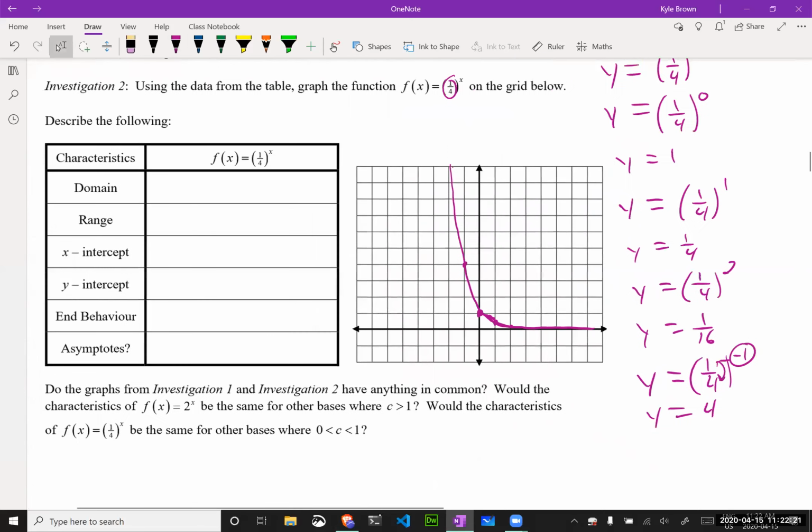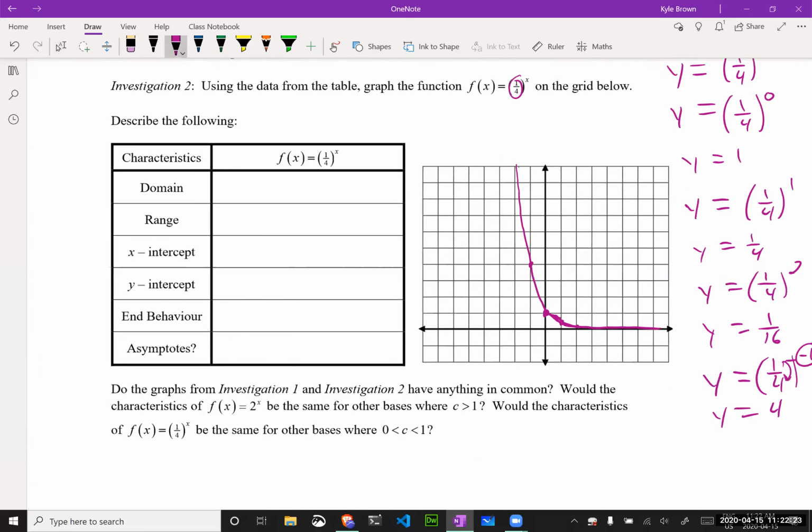So the domain of this one: x is a member of the real numbers. Range would be y is greater than 0, just like the last one. X-intercepts, none. Y-intercept: again, because anything to the power of 0 is just 1, the y-intercept is still (0, 1).